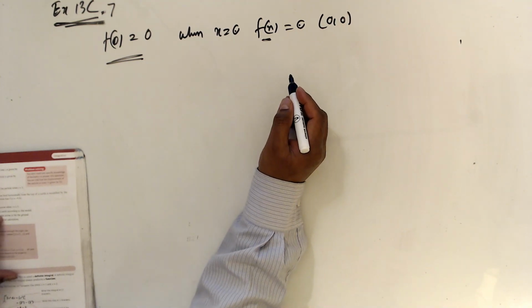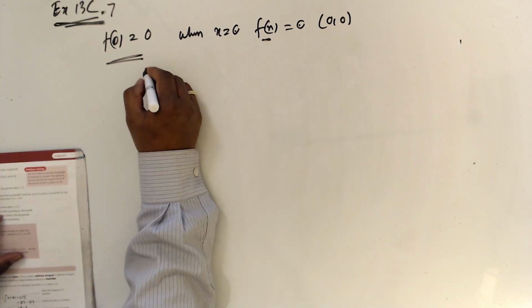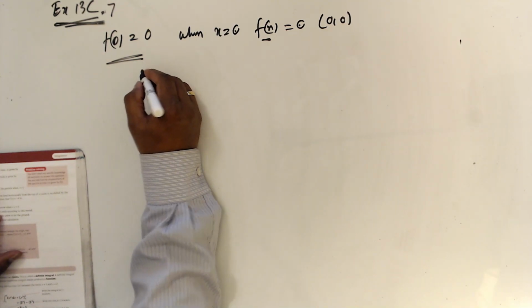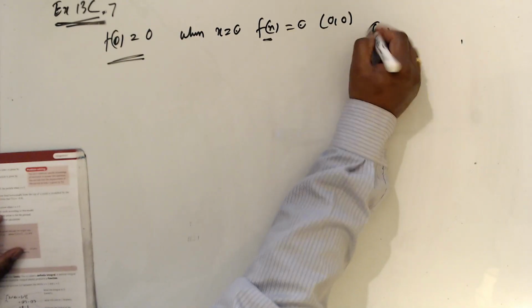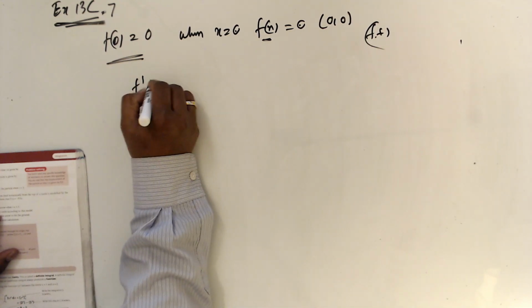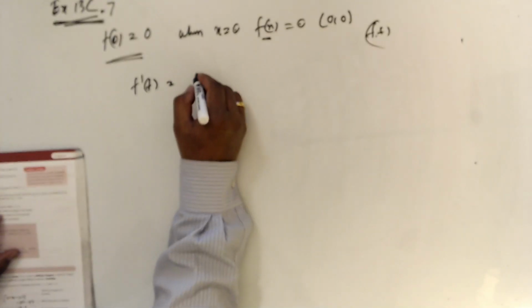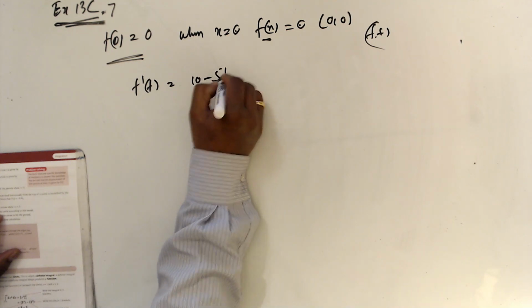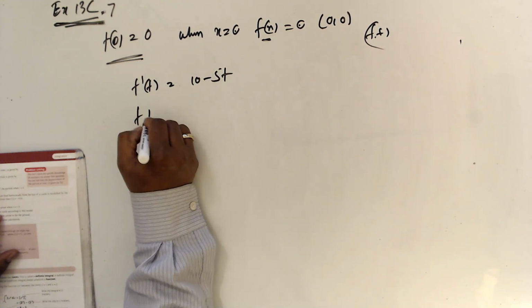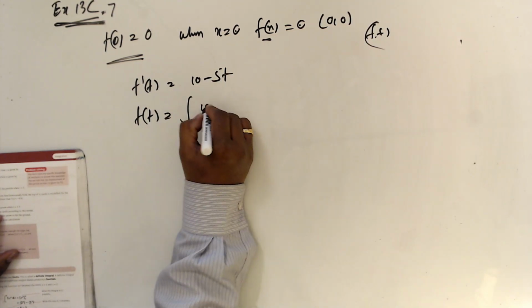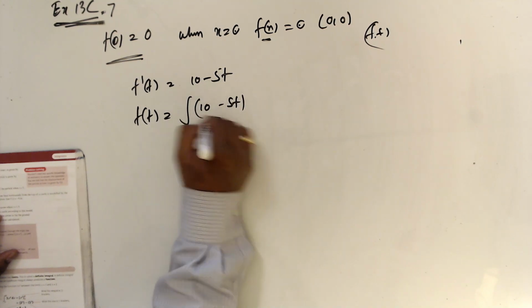So now we'll work out. We want to find the function f(t). So f'(t) is given as 10 minus 5t. Then we need the function. For that we need to integrate this one.